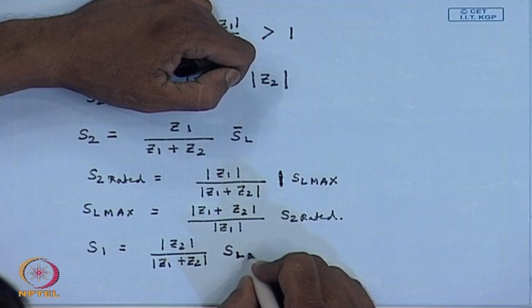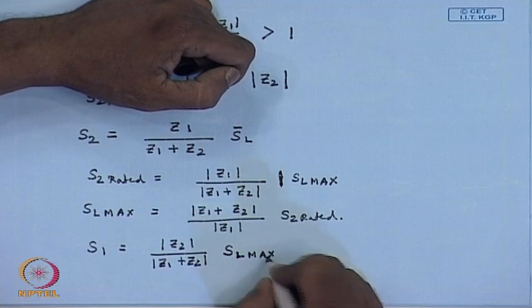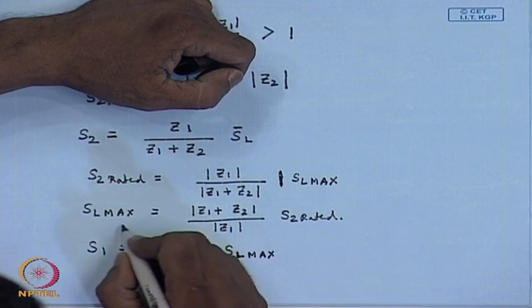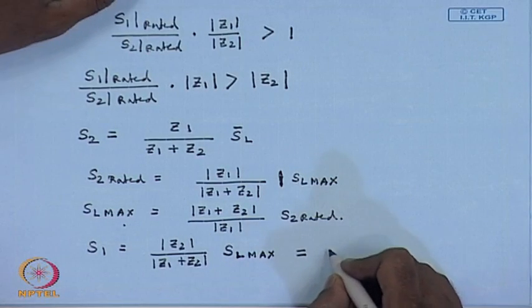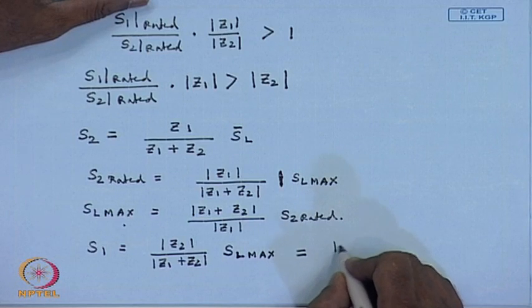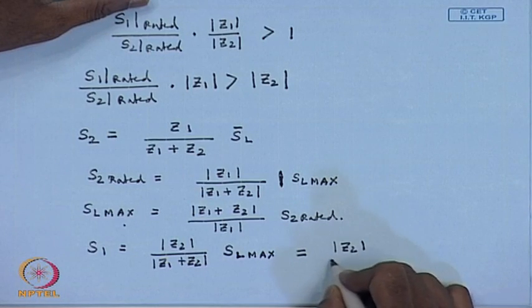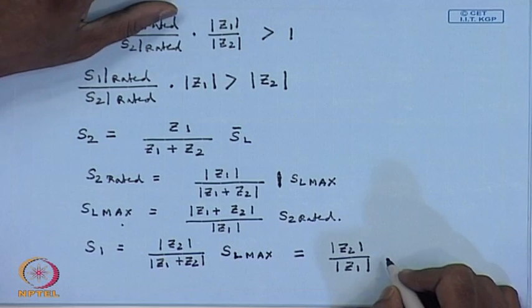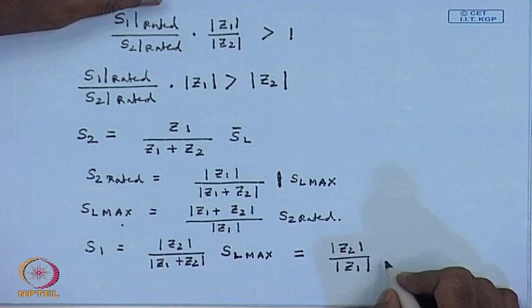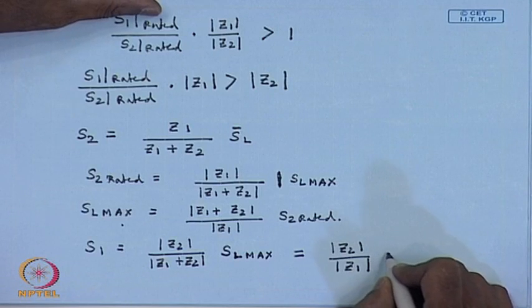So, this should be SL max. So, this can be written as, substituting SL max from the previous equation, we get this to be |Z2| divided by |Z1| into S2 rated.